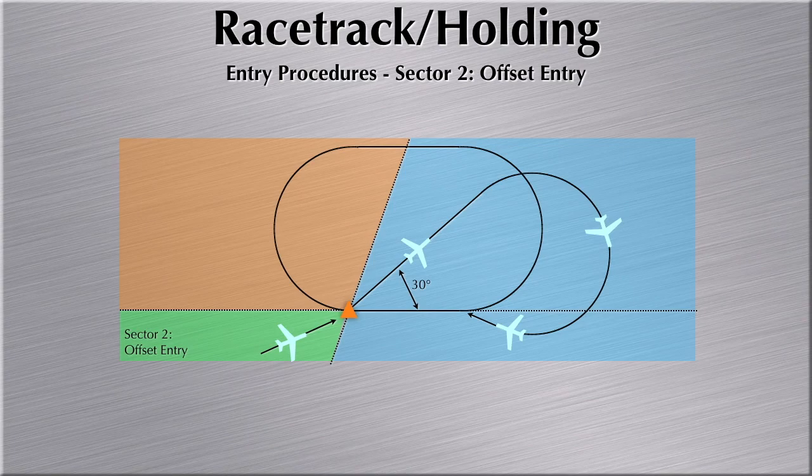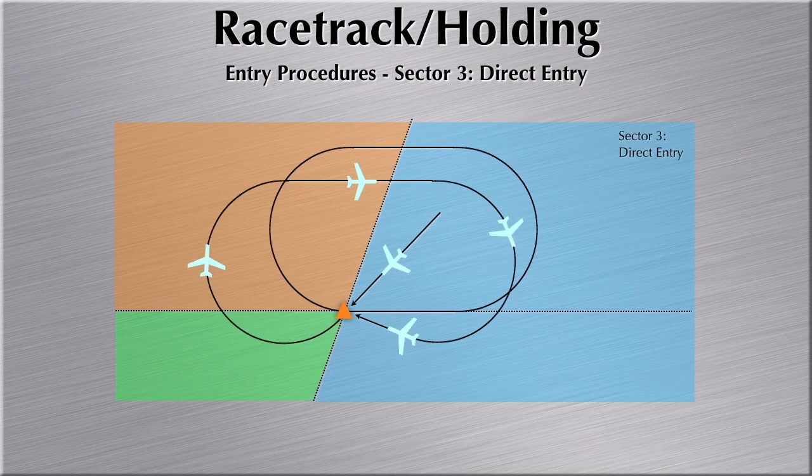The aircraft flies to the fix, then makes a track which is 30 degrees off the reciprocal of the inbound leg, flies outbound for the same amount of time or the same amount of distance as defined, and then turns right to intercept the inbound leg. From sector 3, a direct entry is flown, which simply means the aircraft proceeds to the fix, turns outbound, and joins the pattern.